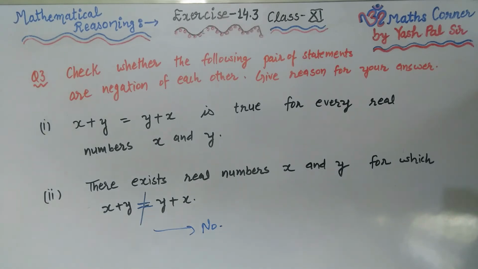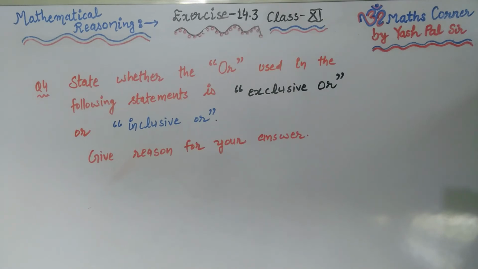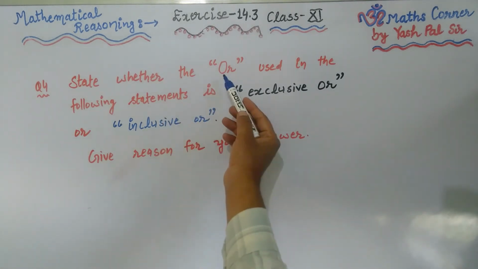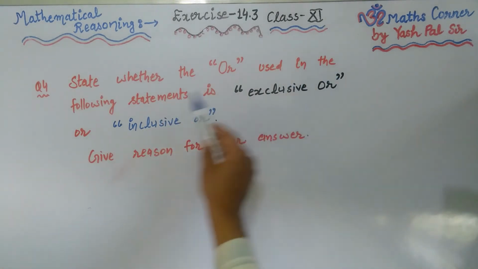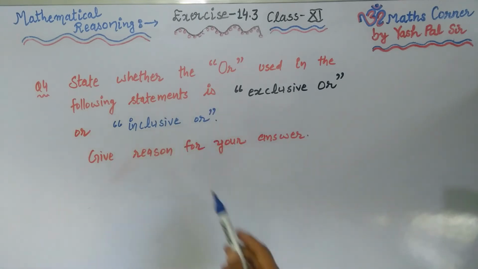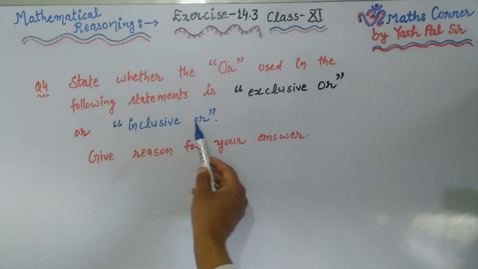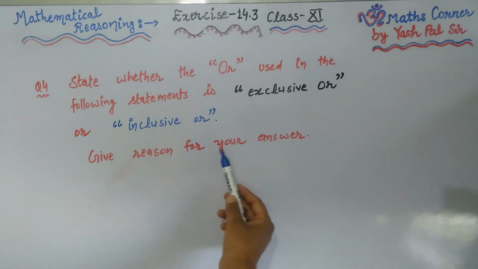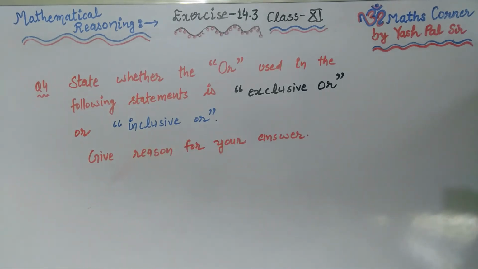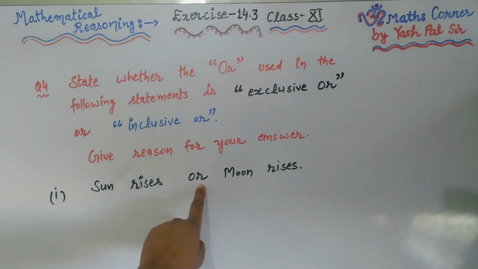Now next question, question number 4. State whether the "or" used in the following statements is exclusive or inclusive or. Give reason for your answer. The first part of the question is: sun rises or moon rises.